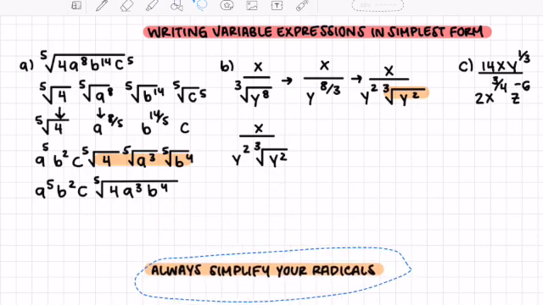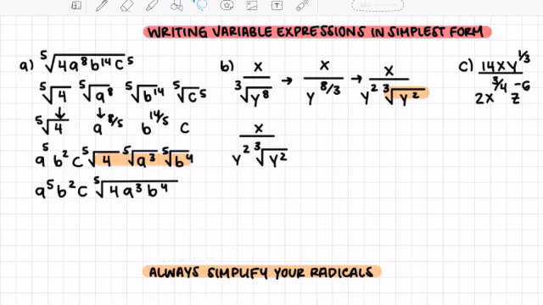So if my goal is to just get rid of this cubic root of y to the power of 2, then what I can do is multiply the bottom, and whatever I multiply to the bottom, I have to multiply to the top.